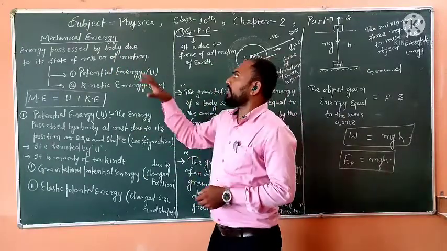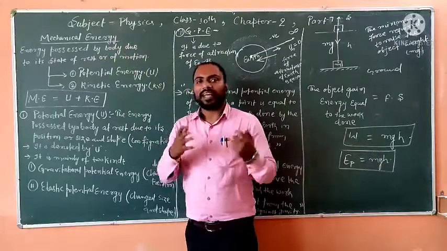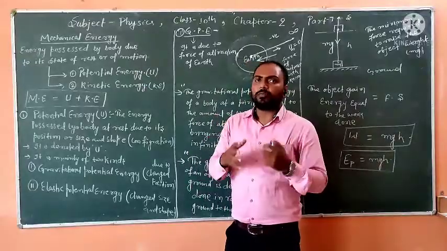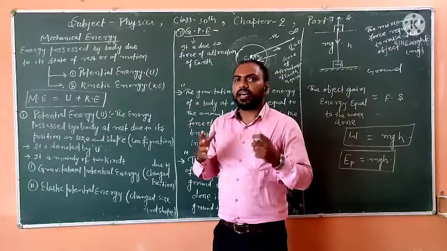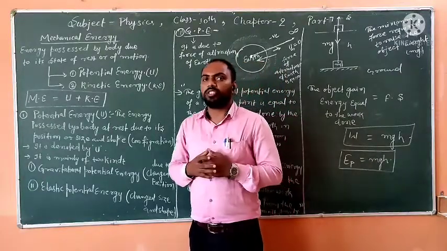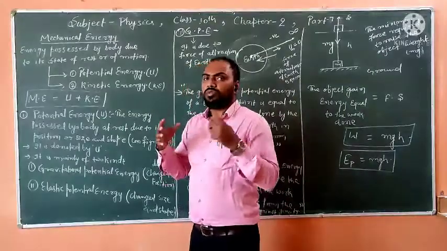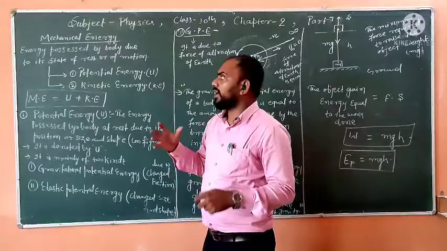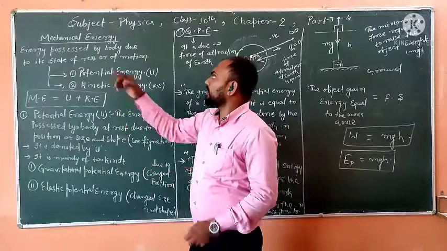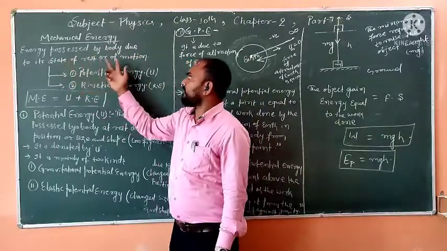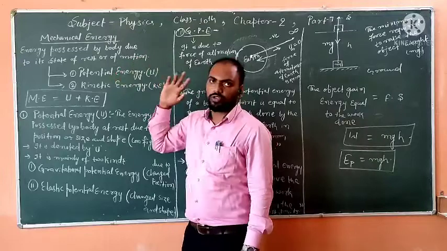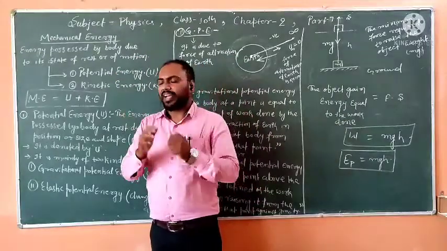First of all, understand what is mechanical energy. Energy possessed by a body due to its shape, size, rest or position, that is, due to its configuration, is called potential energy. Simply, energy possessed by a body due to its state of rest or motion is called mechanical energy.